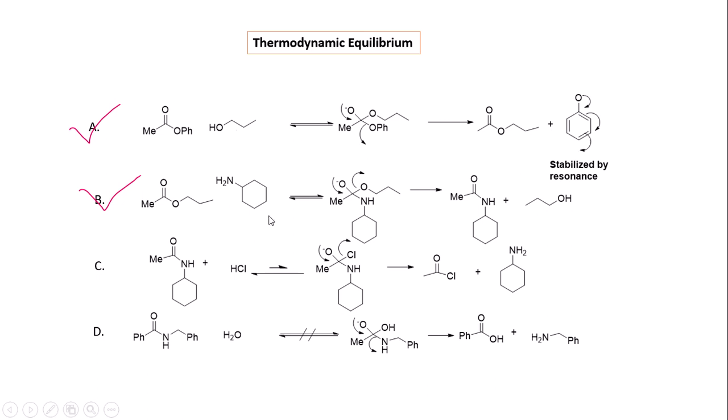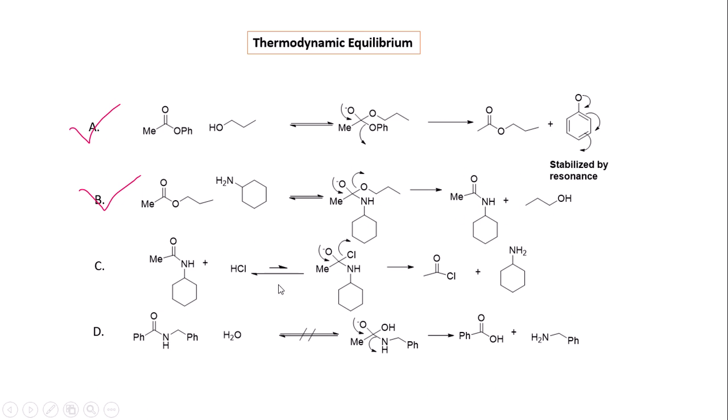In the second case, the amide bond, we know that the amide bond is stronger than the ester bond. Here the amide nitrogen lone pair attacks the carbonyl and produces a tetrahedral intermediate, and this tetrahedral intermediate cleaves to give the alcohol and the amide derivative.